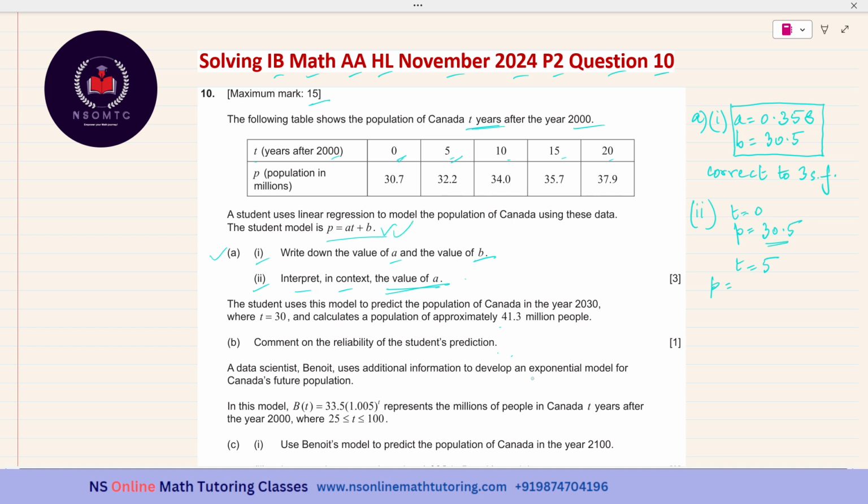Since it is after 5 years, what is happening is it is getting multiplied with a. So it is 0.358 times 5 plus 30.5.